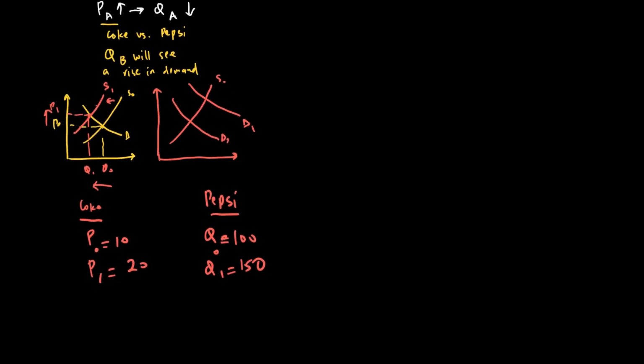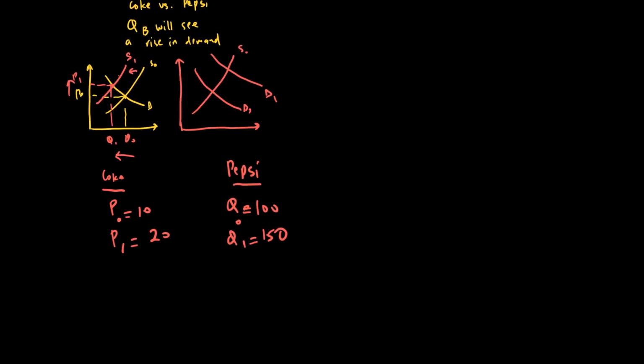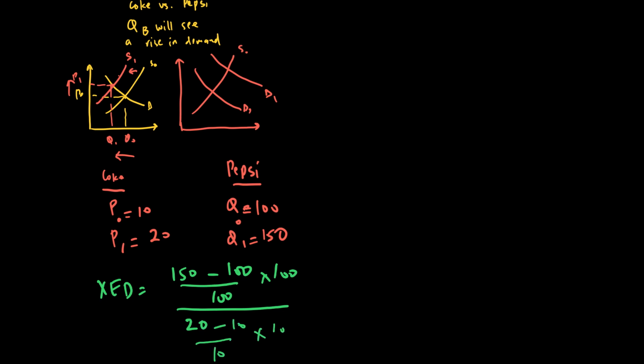So my XED value will be 150 minus 100 over 100, that's the percentage change in quantity, over the percentage change in price of Coke, which is 20 minus 10 over 10 times 100. So that's 50% in the numerator over 100% in the denominator, because 20 minus 10 is 10, and 10 over 10 is 100%. The value will be plus 0.5.